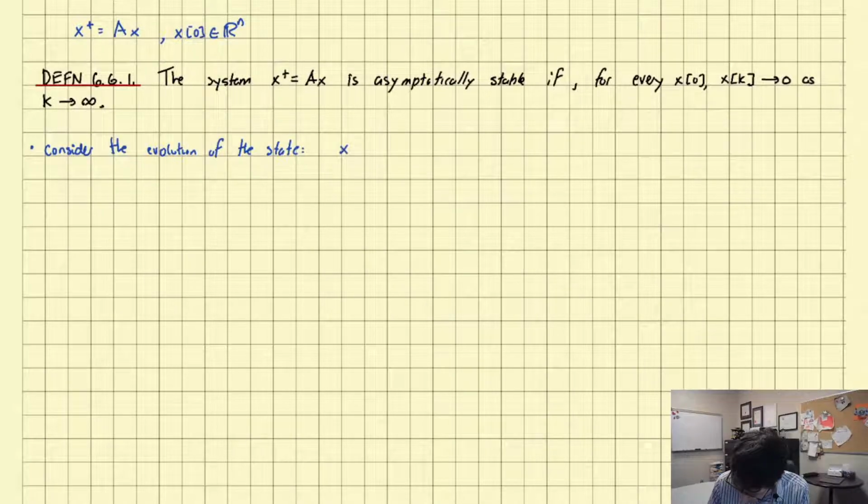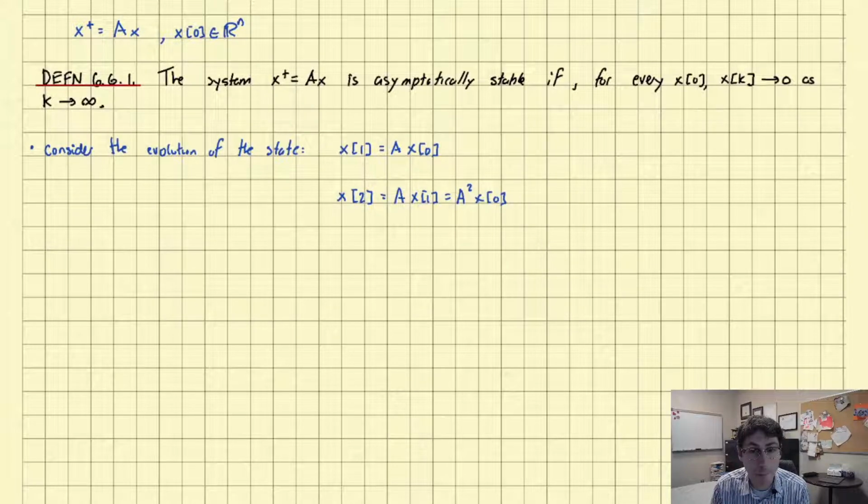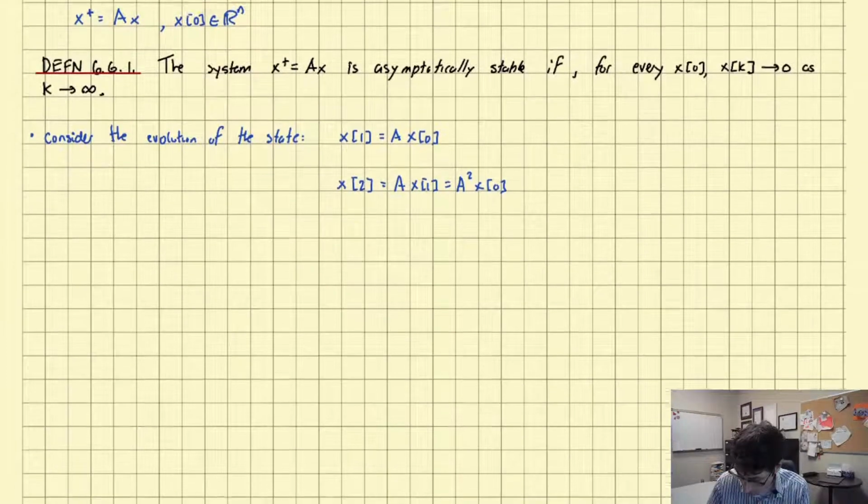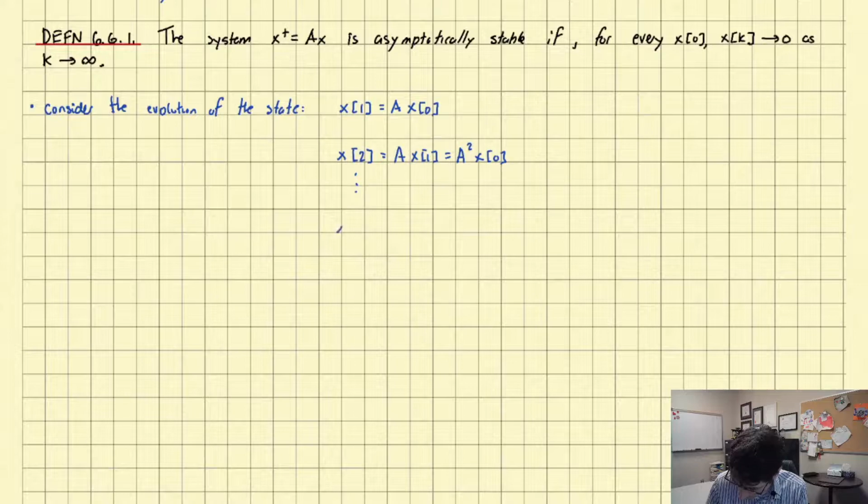We have that x1 is equal to A x0, of course. x2 is equal to A x1, which equals A squared x0. Continuing this way, it's clear that x of k equals the kth power of A times the initial condition. All right?